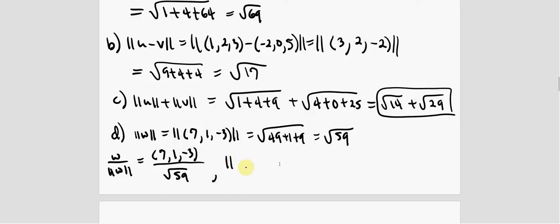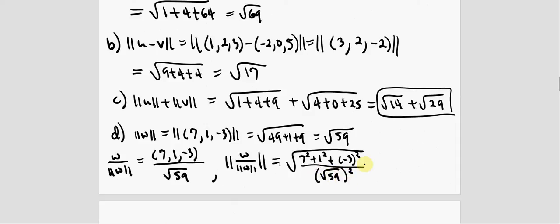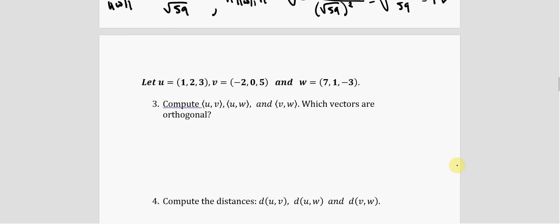So now we find the norm of W over the norm of W. This becomes the square root of 7 squared plus 1 squared plus the negative 3 squared, all over the square root of 59 squared. So this is the square root of 49 plus 1 plus 9 is 59, all over 59, and we just get 1. And that's what we're supposed to get. So let's move over to the next page.